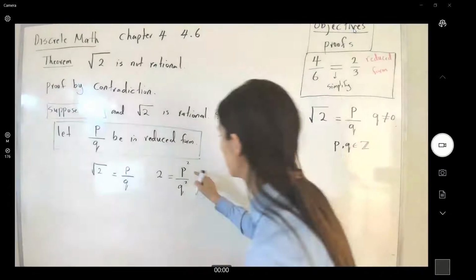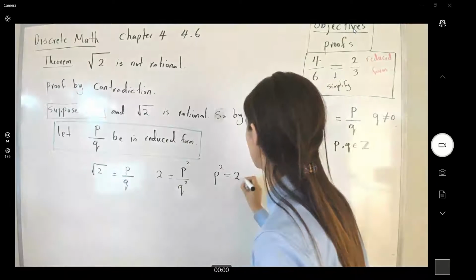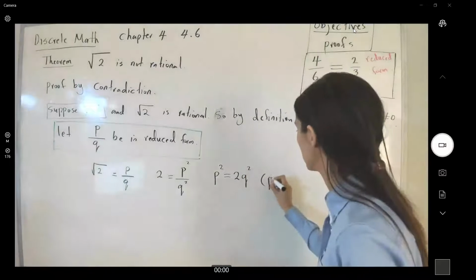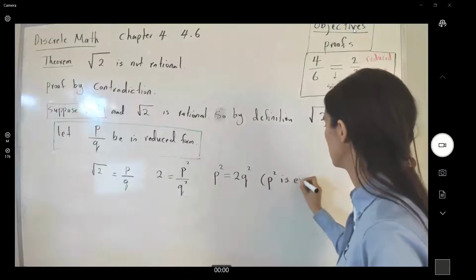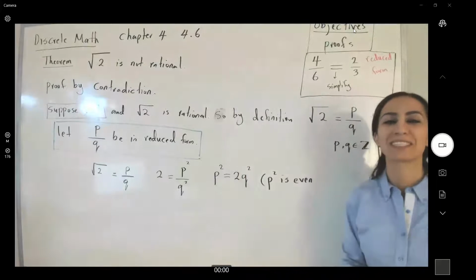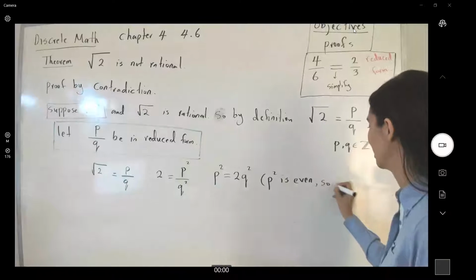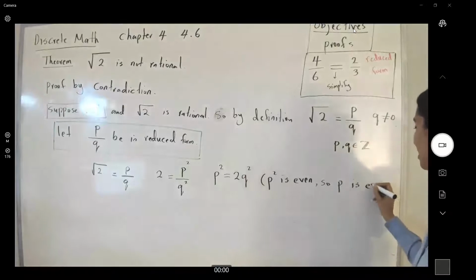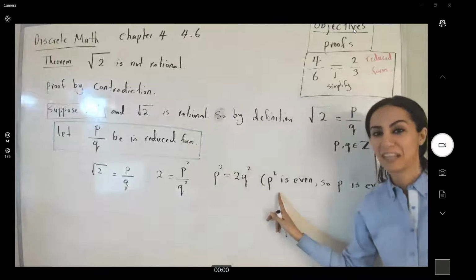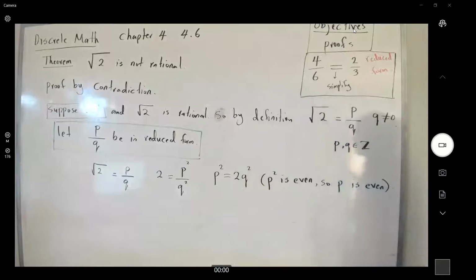Basic algebra: P squared is 2 times Q squared, so P squared is even. We just proved this: if n squared is even, n is also even. So P is even. We proved this last time.